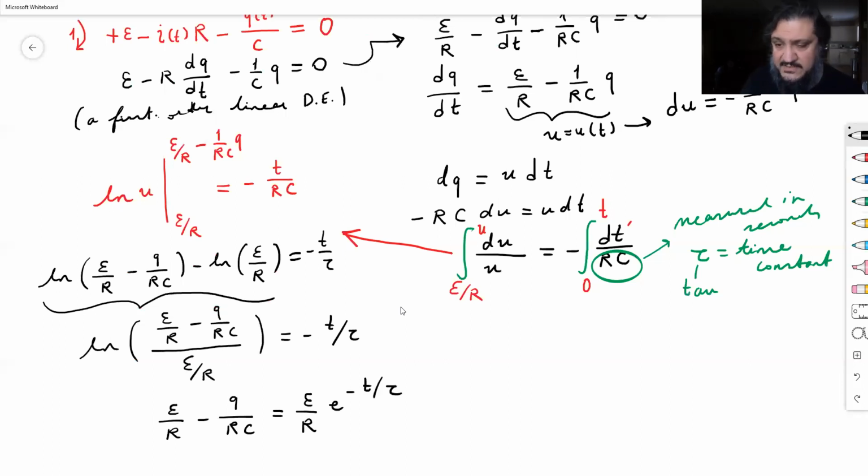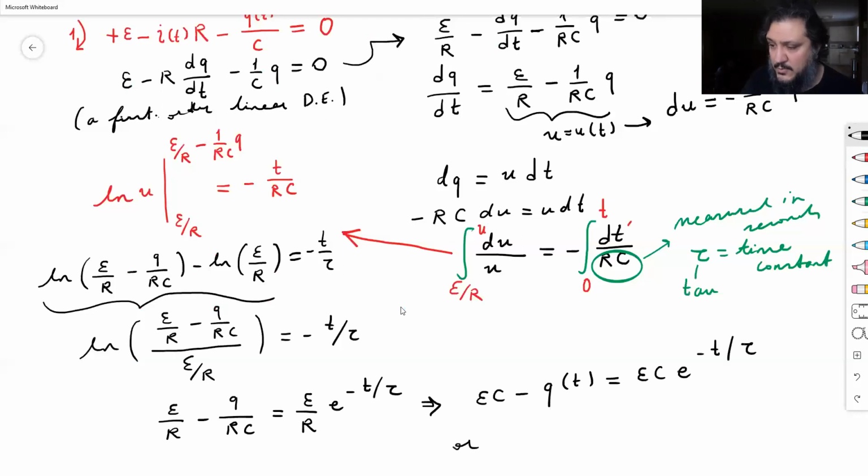Okay, so solve this equation for Q. Solve it for Q means multiply both sides by RC first. So you will get E times C minus Q, or Q of t, if you will, equals E over R times RC, E times C, e to the power negative t over tau.